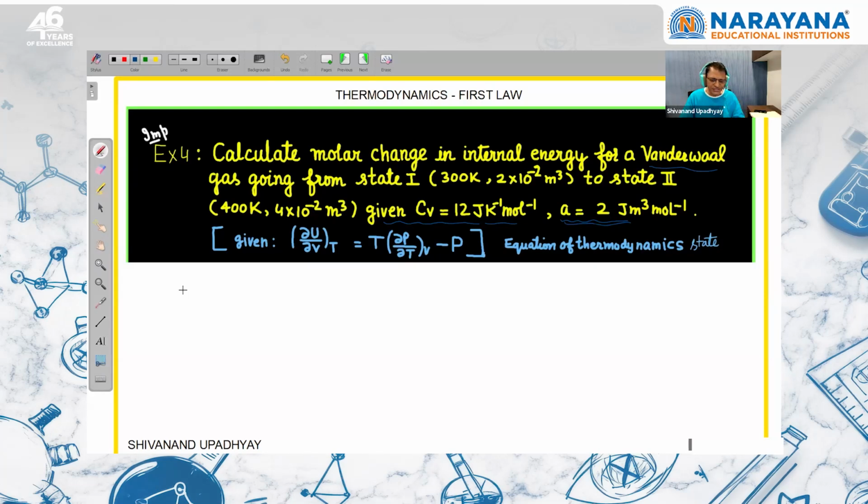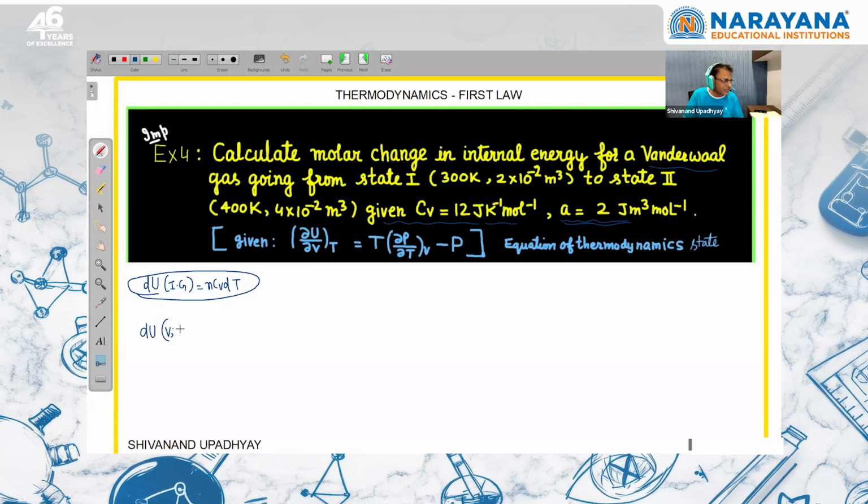So first thing we understood is that the internal energy of an ideal gas only depends on temperature, and we can always write that dU is equal to nCv dT. For an ideal gas participating in any process, the change in internal energy is equal to nCv dT. But when we are talking about internal energy change of solid, liquid and real gas, internal energy is a state variable.